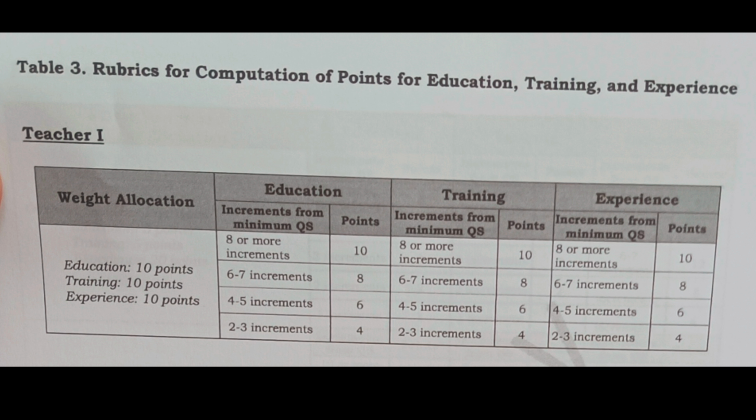Level 4 to 5 increments, you'll get 6 points. Level 6 to 7 increments, you'll get 8 points. And level 8 or more increments, you'll get a total of 10 points. I know this is still confusing, but let's understand this better with the actual example.